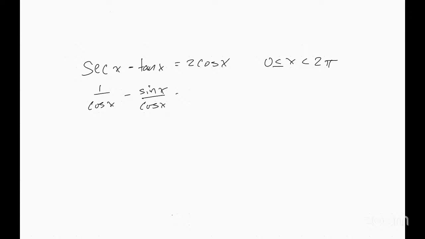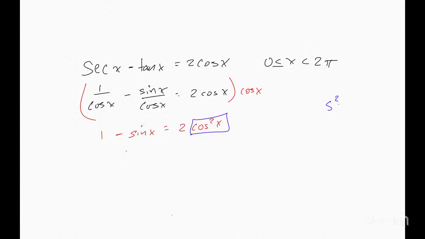Stop me if you're confused. When I do that here, I get 1 minus sine x equals 2 cosine squared x. And now I can turn cosine squared into something else. If you remember that sine squared plus cosine squared equals 1, the trig identity, that means cosine squared equals 1 minus sine squared.